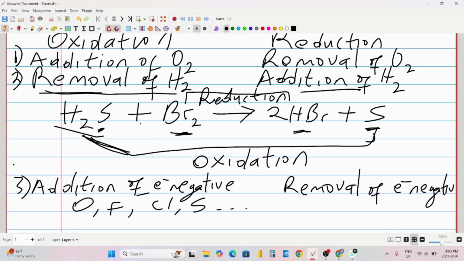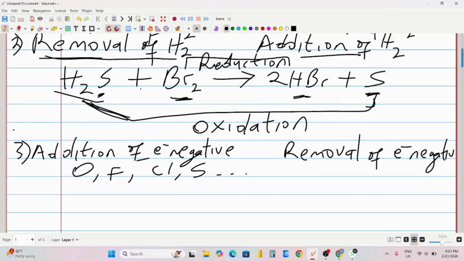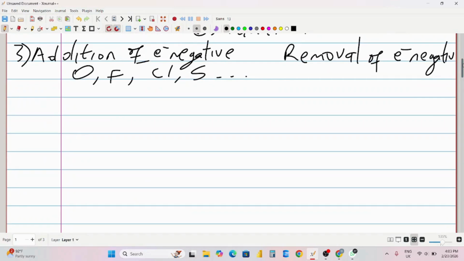So the last one is actually the one commonly used, and will usher in another angle that I want us to look at, and that's loss of electrons and then gain of electrons.